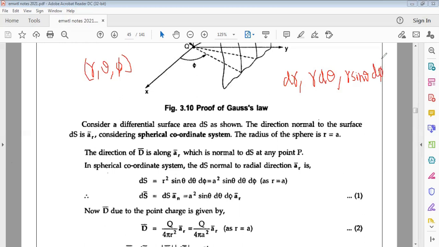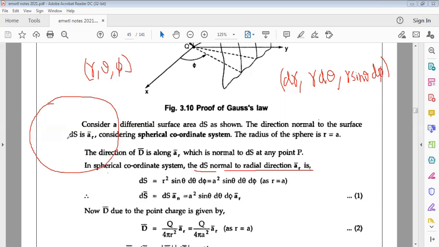These are the differential elements we have. You know this one. And in the spherical coordinate system, ds is normal to the radial direction of a R bar.